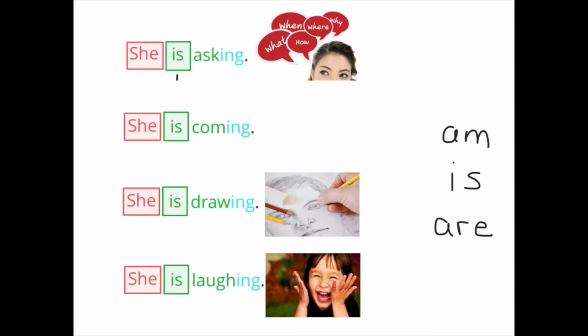That's the first part of the verb. The second part of the verb is going to have our action verb, and then we're going to add ing to it. And then all of that will be the whole verb. So in this sentence, the whole verb is asking. So all of this is our verb, is asking.